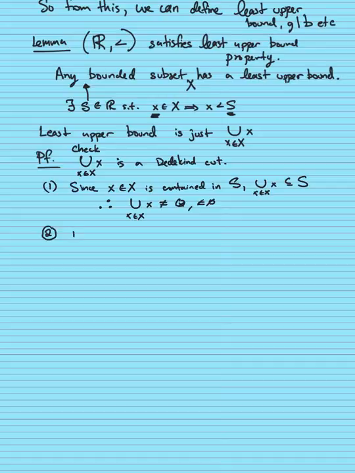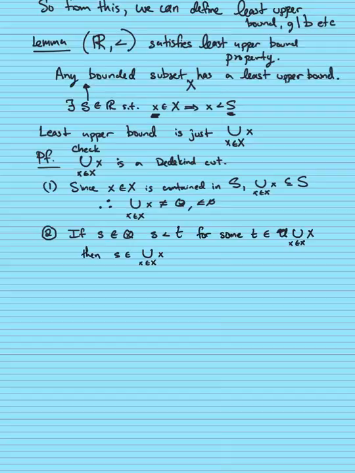It's easy to see that if you have S in the rational numbers, and S is less than T for some T in the union of these cuts, then S is also in this union.